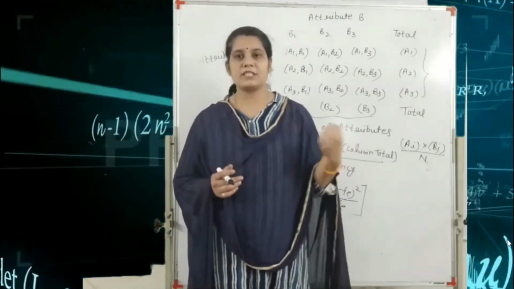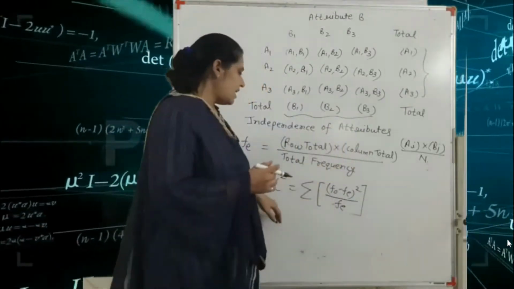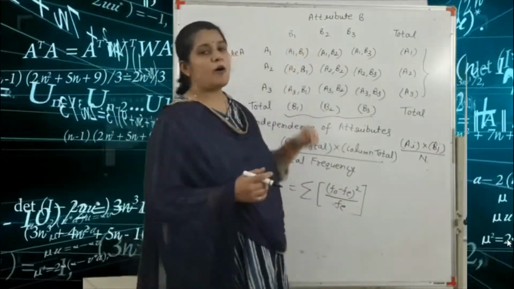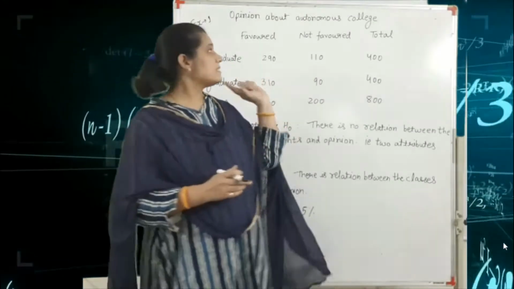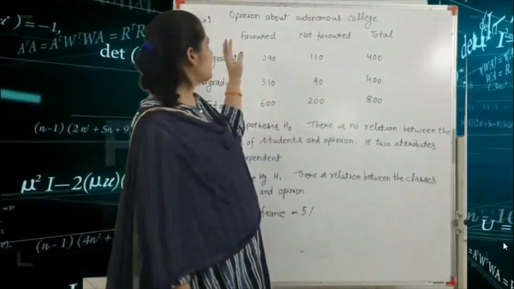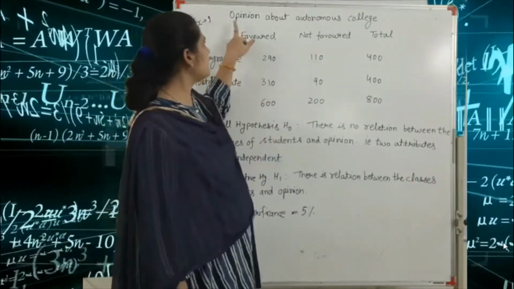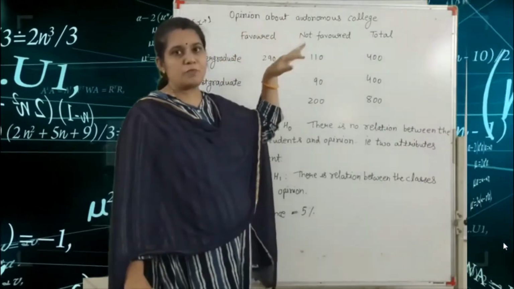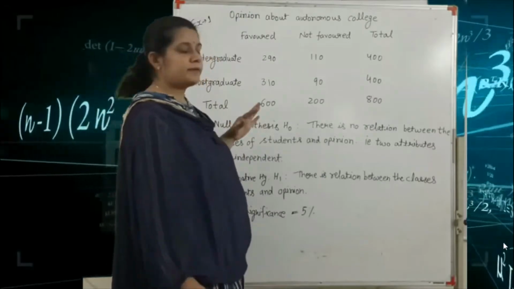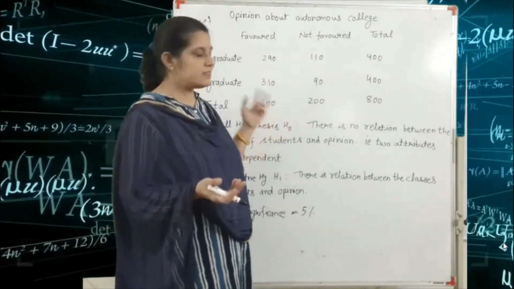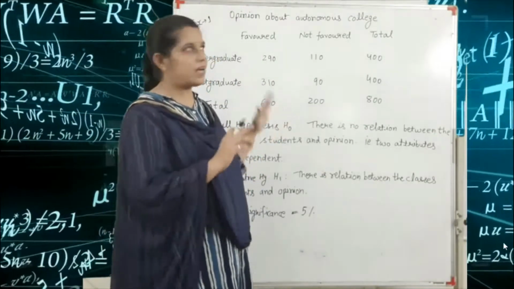With the help of an example, we find the chi-square for the independence of attributes. So this is the example for the independence of attributes. Here the question is given on opinion about autonomous college, and it is claimed that the two attributes are independent. That means the thinking of the two attributes is independent.